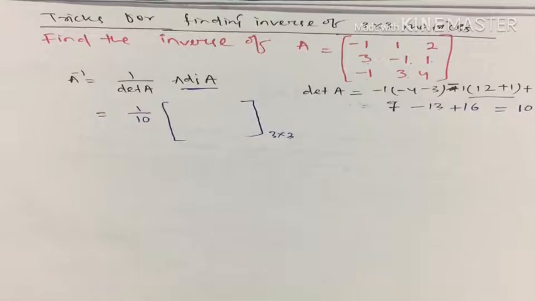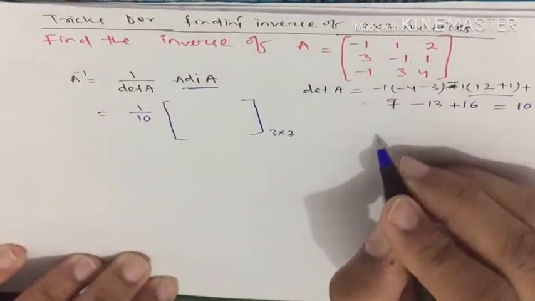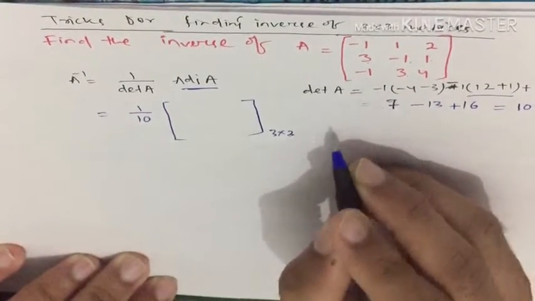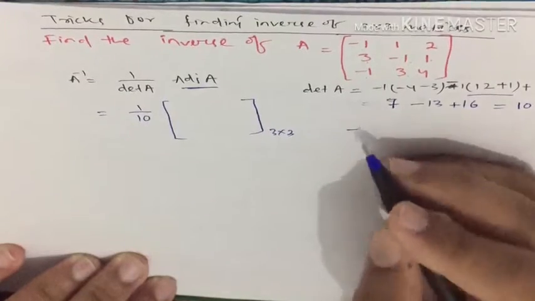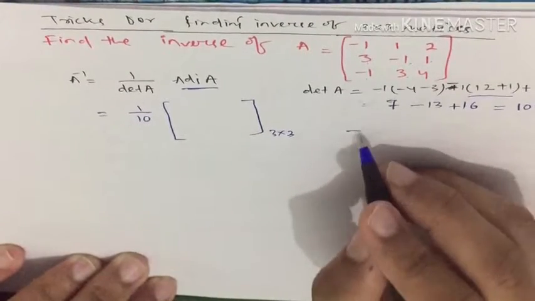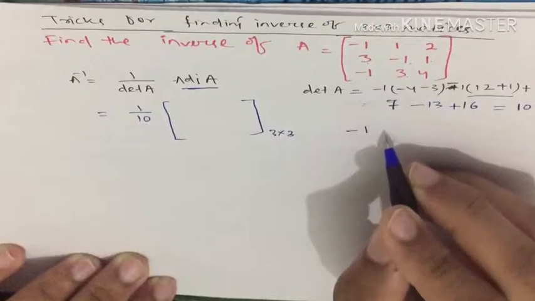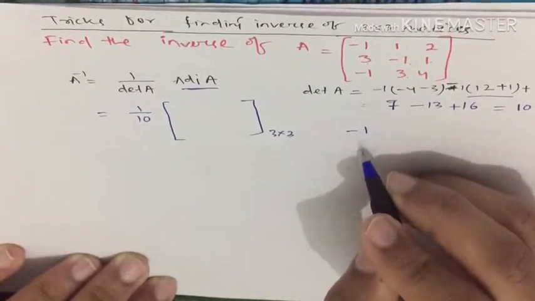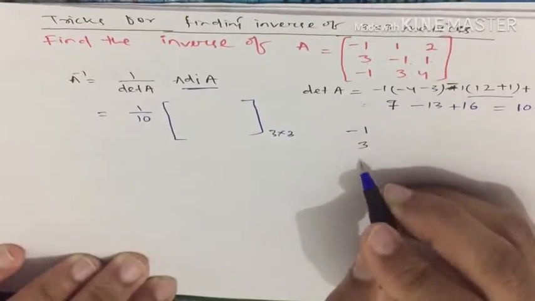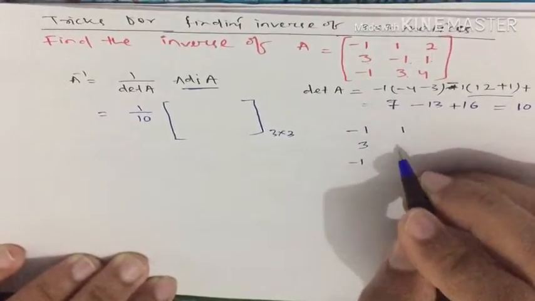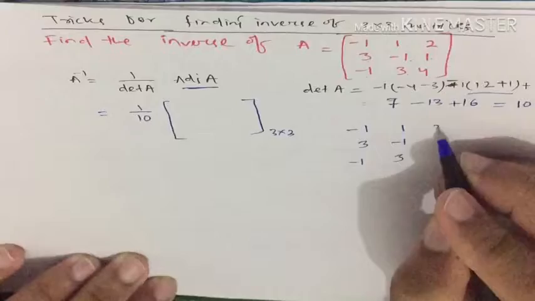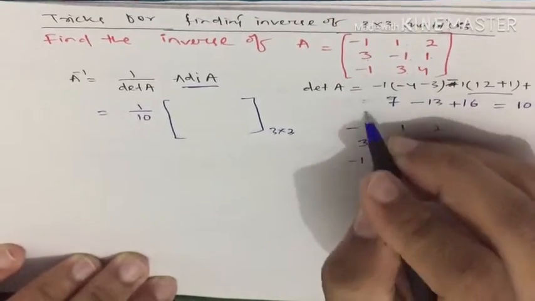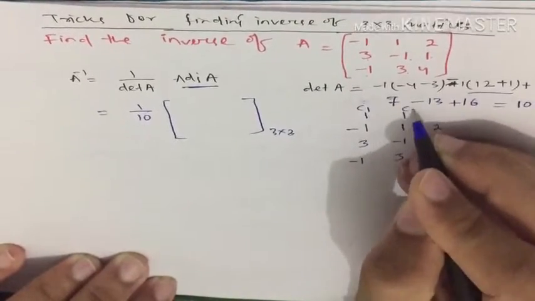Okay. So what are the steps to follow? Just write the elements of A. This is simply column wise: minus 1, 3, minus 1, 1, minus 1, 3, 2, 1, 4. So this is your C1 and this is your C2.